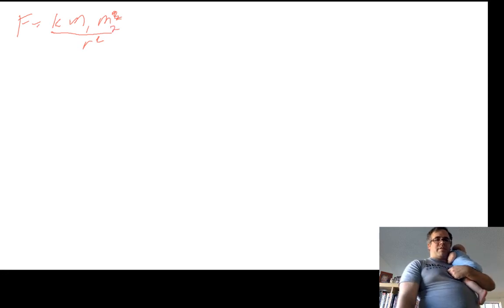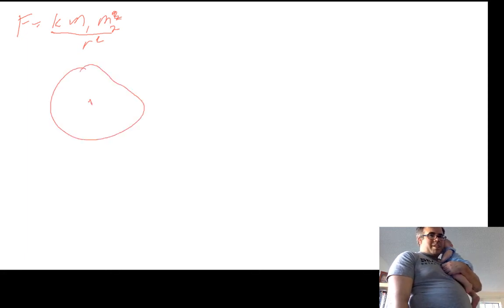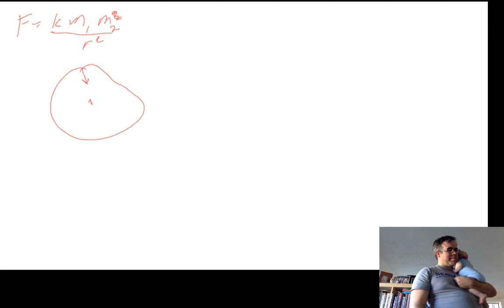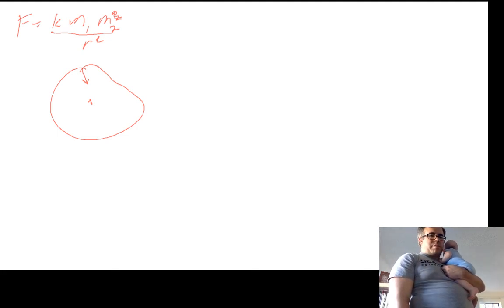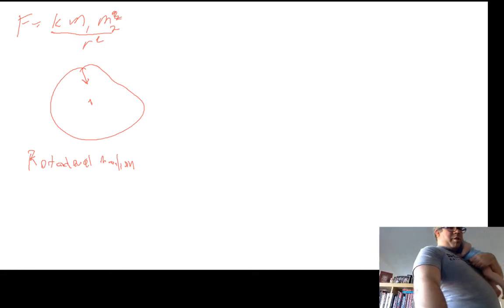And that force is always perpendicular to the motion, and then you have your rotational motion equations, right? Sorry, it's hard for me to draw.